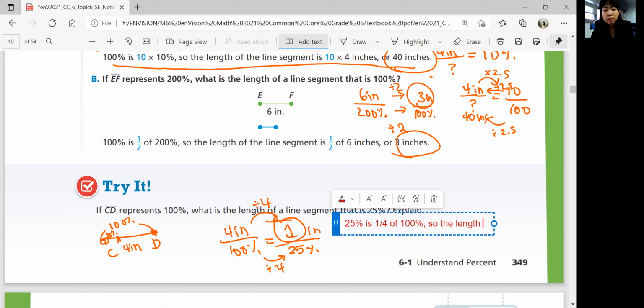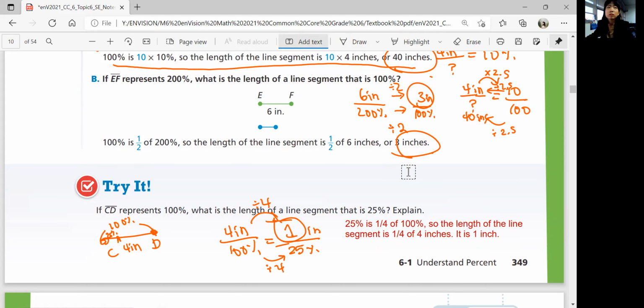So the length of the line segment is 1/4 of 4 inches. So it is 1 inch. There you go.